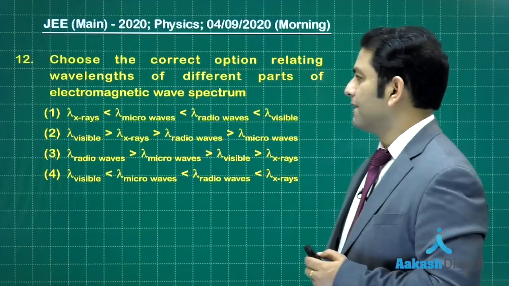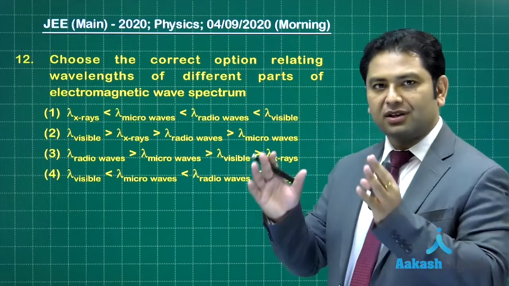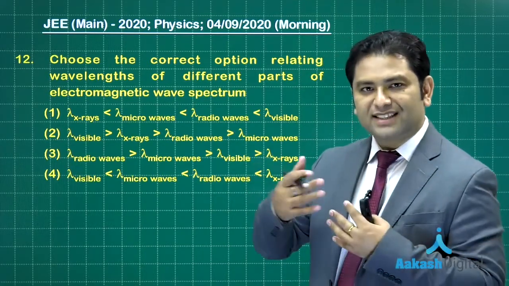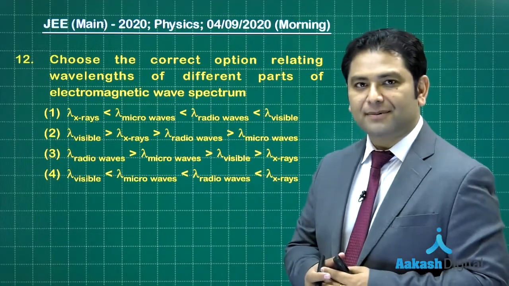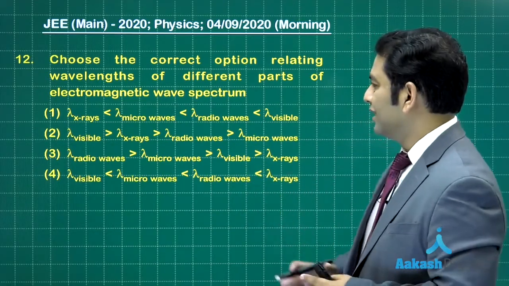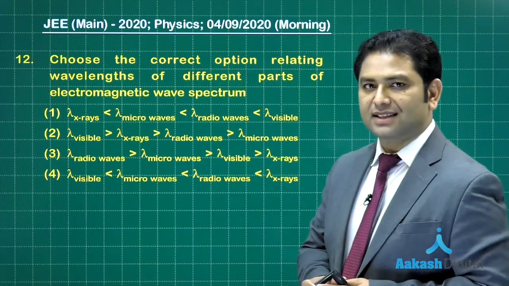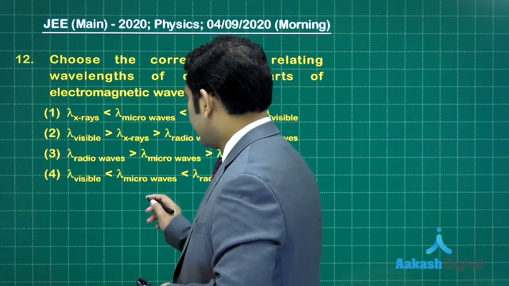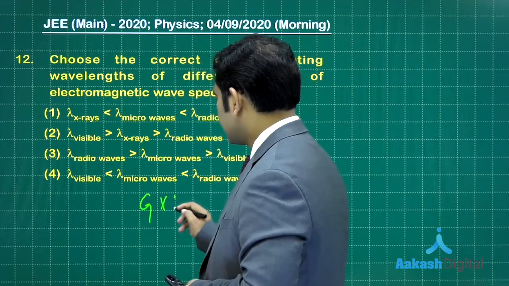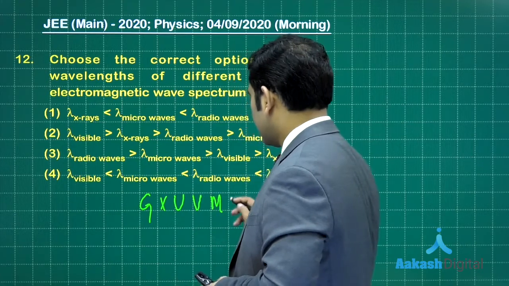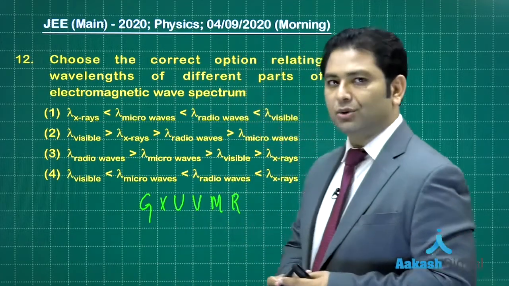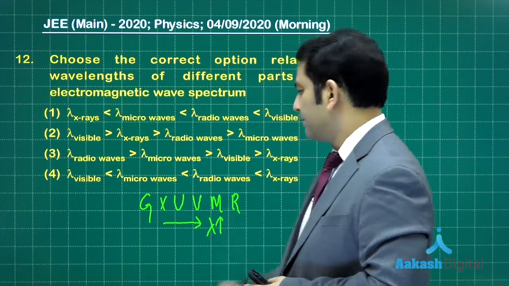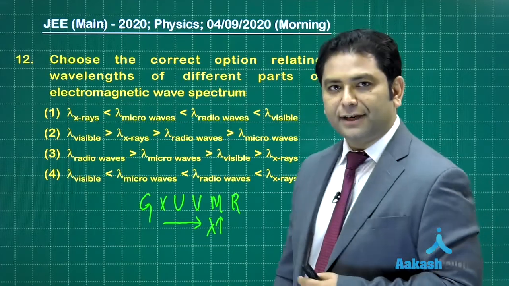The next one is a straightforward theoretical question, but the sequence of the electromagnetic wave spectrum has to be memorized. So what does it say? We need to just compare the wavelength of all these things. One small idea can help you, like starting with G, X, U, V, M, R. I don't know what sort of mnemonics you are going to make, but this is how it goes, in increasing order of wavelength and decreasing order of energy.